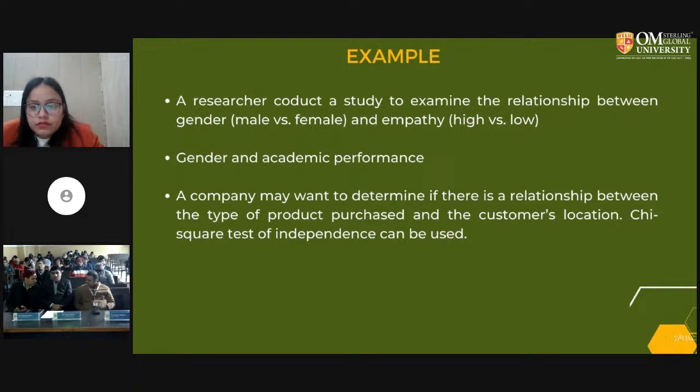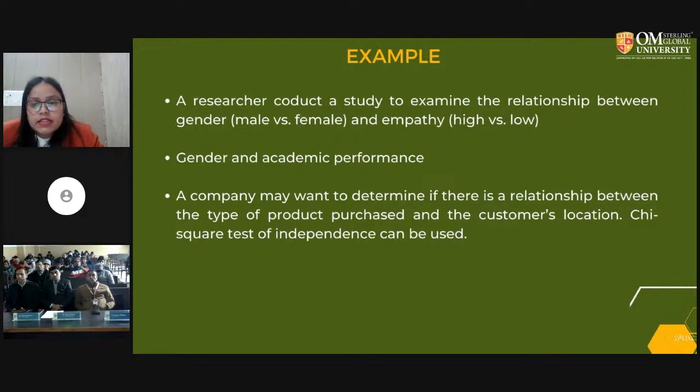The next example can be, you want to find out the association between gender and academic performance, male or female, and we want to understand whether they have a relationship with academic performance or not. Third can be where a company wants to determine whether there is a relationship between the type of product purchased and the customer location.